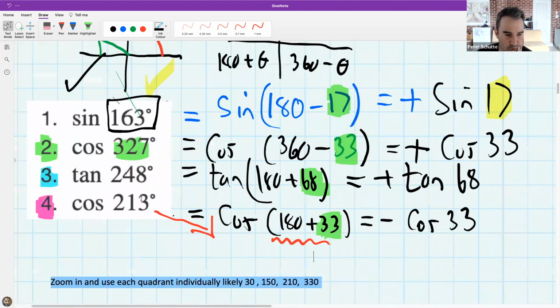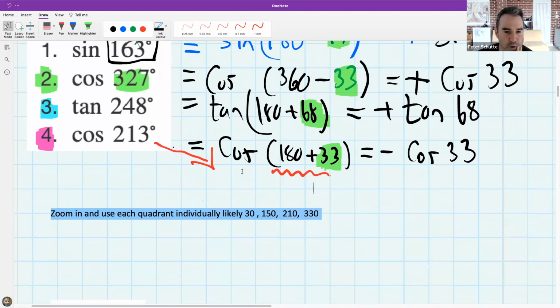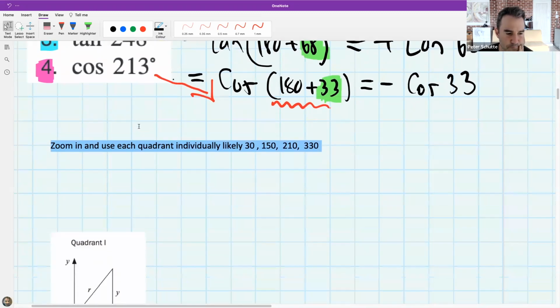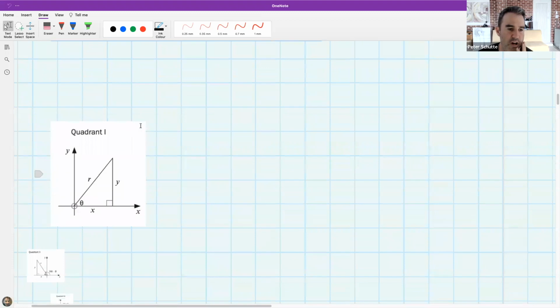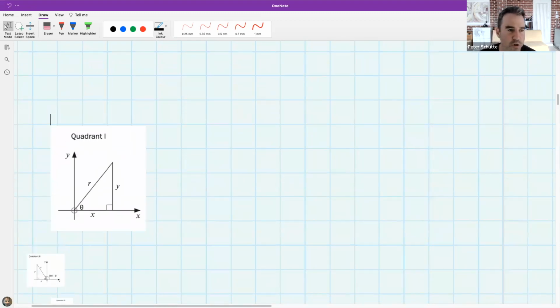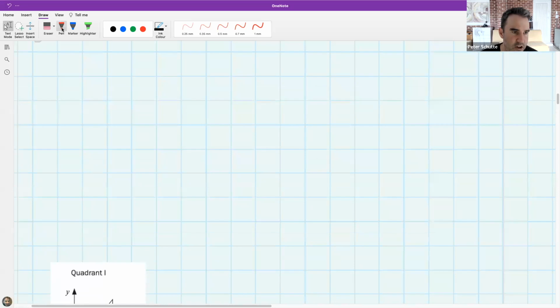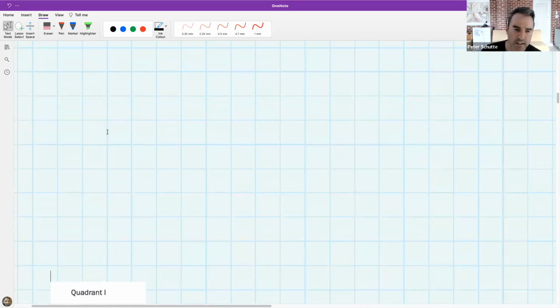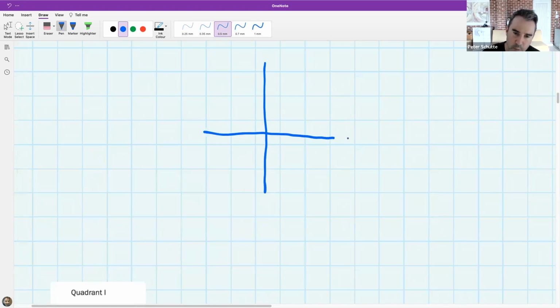Okay, so let's go back to the last bit of this lesson. We were doing this thing called the reduction formula. Let me just talk a little bit about X, Y, and R, and then I'll come back to the reduction process. When we do trig in grade 10, we tend to think about SOHCAHTOA and this right angle triangle stuff. But in grade 11, we switch our way of dealing with triangles to handle angles that are greater than 90.